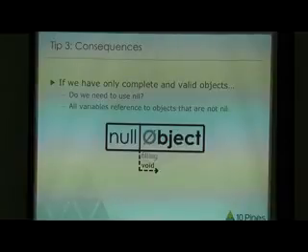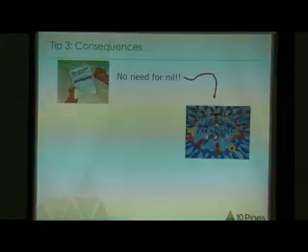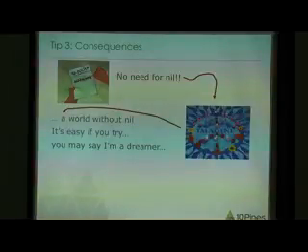There is another tip that is a consequence of the previous two that I like to mention. I won't show anything in the code. But the idea is, if you have complete objects and those objects are only valid, does it make sense to use nil? Yes? And the answer is no. There is no need for nil. And imagine a world without nil.